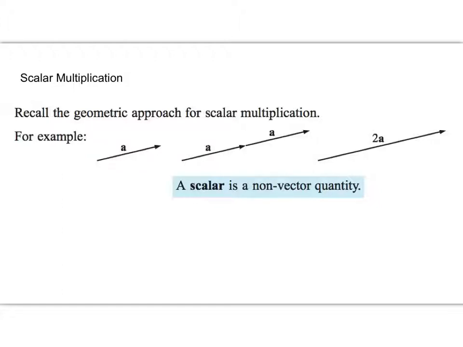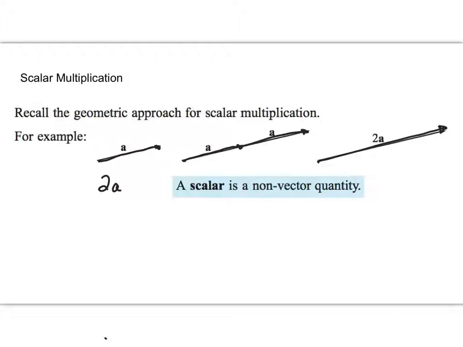let me pull out a pencil again. If we have vector A, then if we have 2 times A, then we have a vector the same direction but twice as long. So this would be 2A right here. And a scalar, remember, is a non-vector quantity.